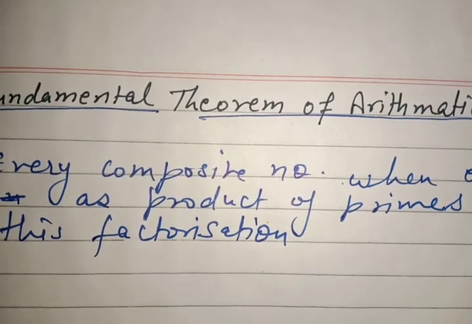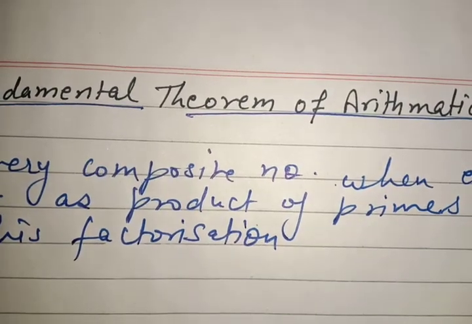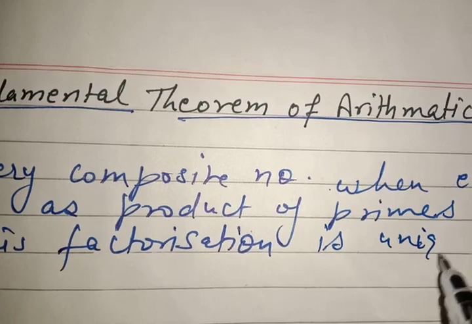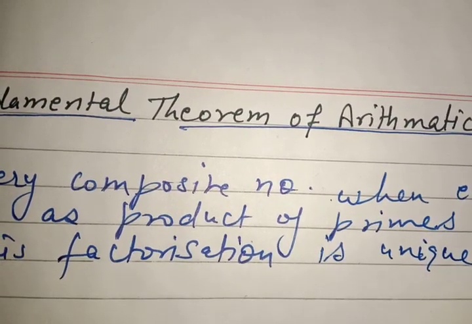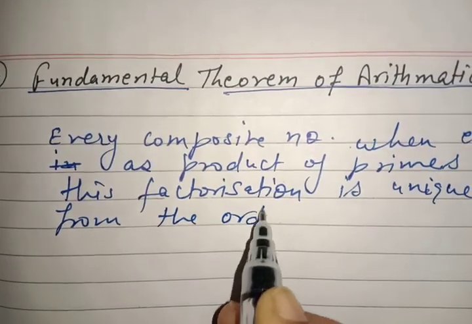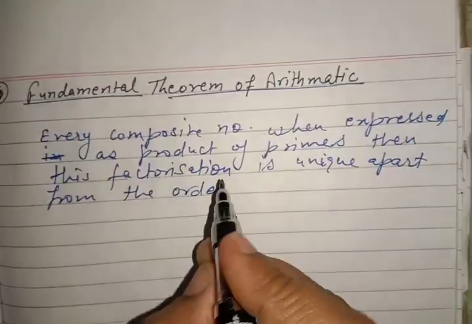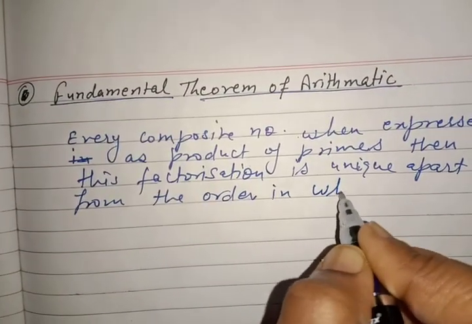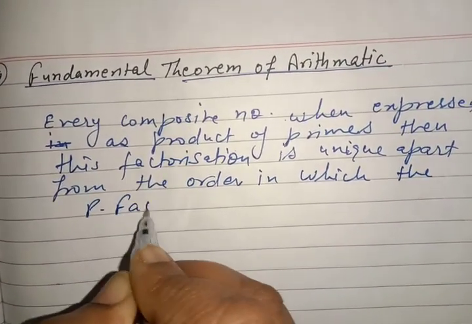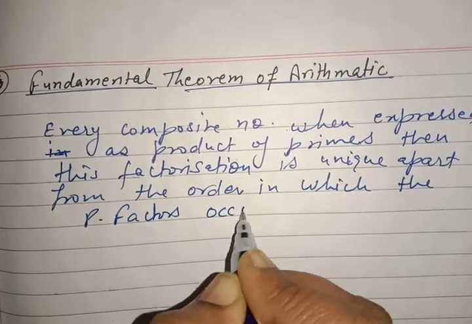Product of primes, then this factorization is unique apart from the order in which the factors occur, or we can say the prime factors occur.